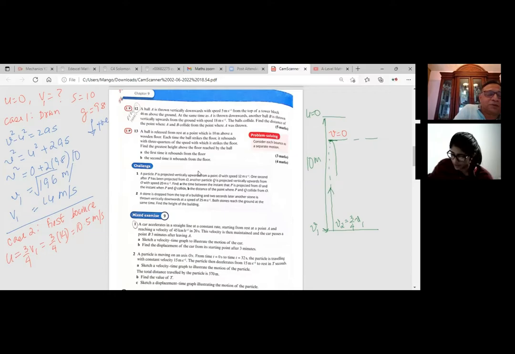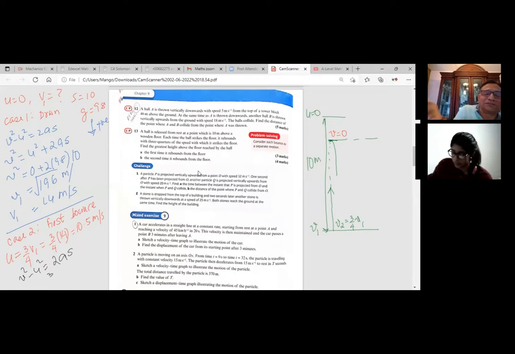So v squared minus u squared is 2as. I am again using the same formula. In this, v is 0, u is given to me, so it is 3/4. Let me do the calculations here. That is 10.4, I can write 10.5.